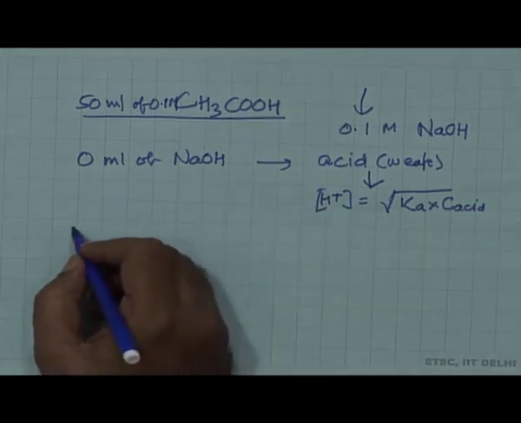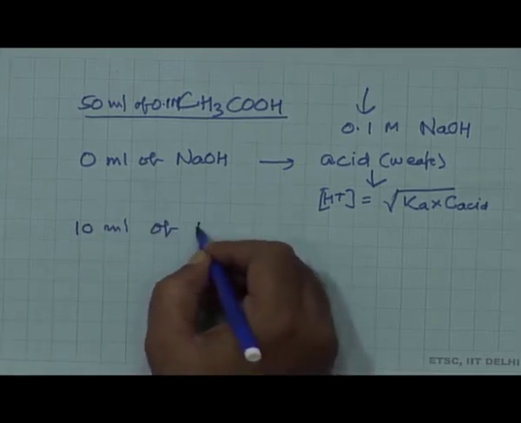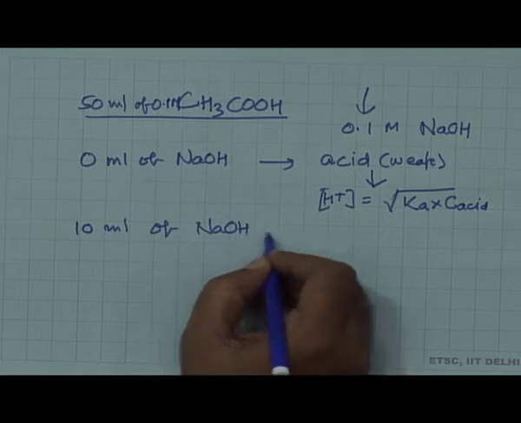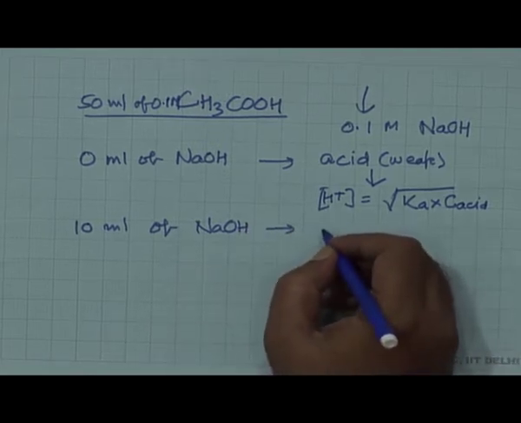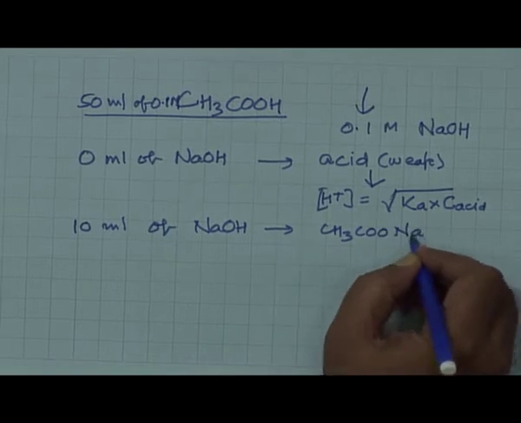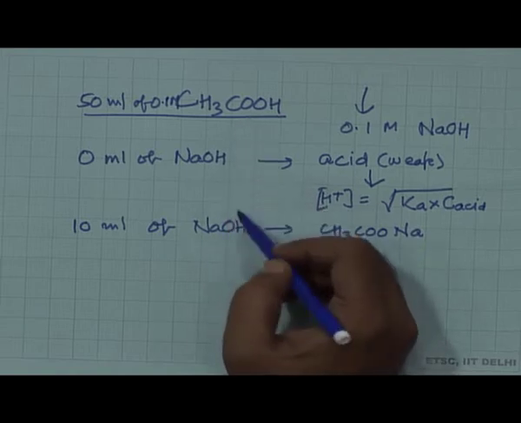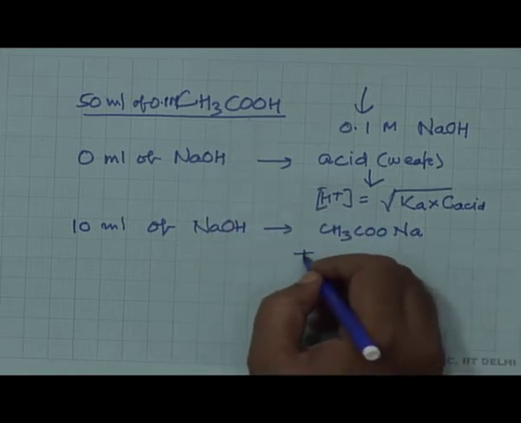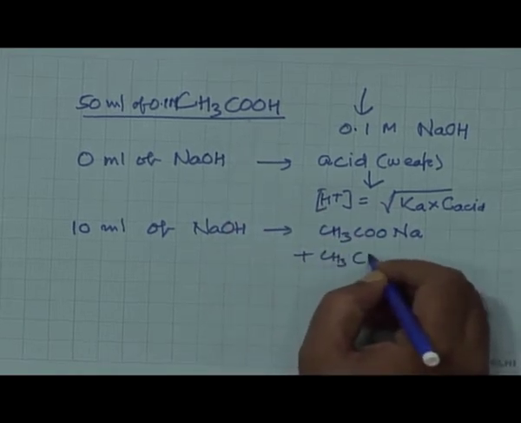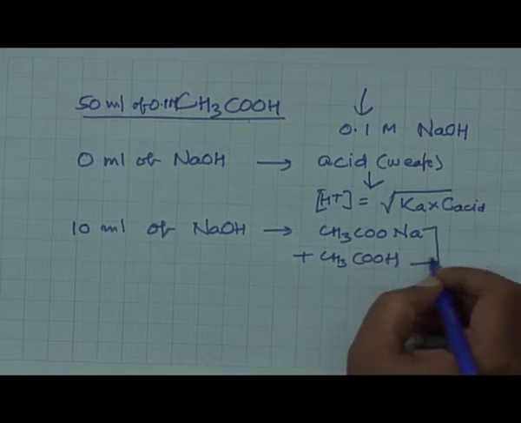When we add, suppose, 10 ml of NaOH, in the solution we have salt formed by the reaction between acetic acid and NaOH, and you have weak acid in the solution.